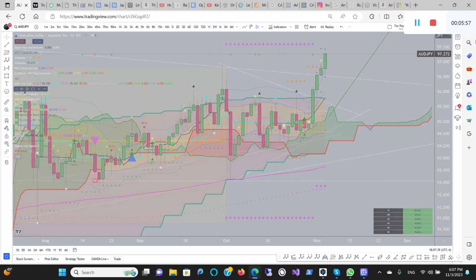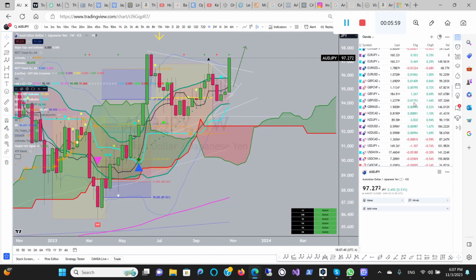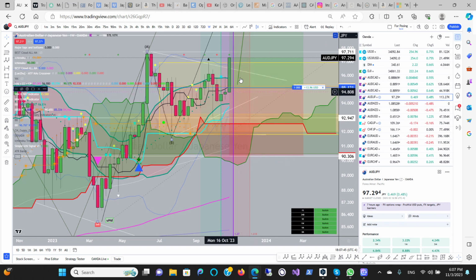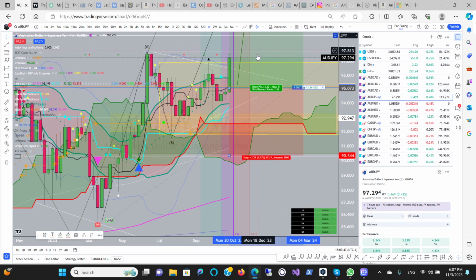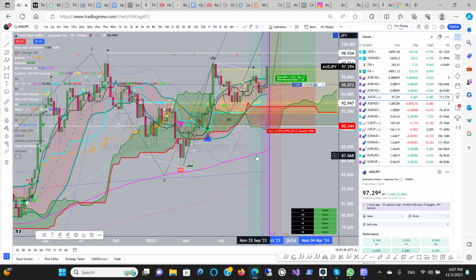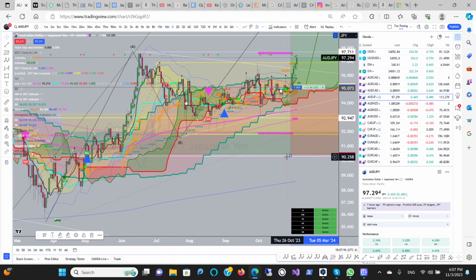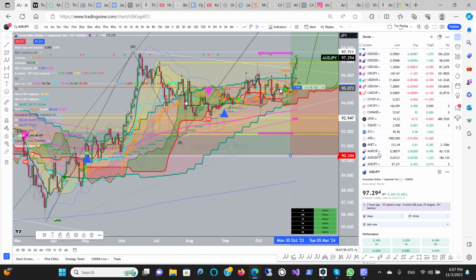Let me look at another chart. No, I put in 1% risk. My support was way down here on a weekly chart. So it was far away down here. It was like 90-25. Let's go back to that.